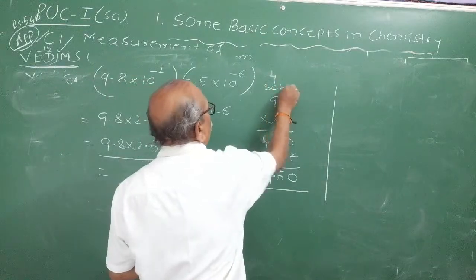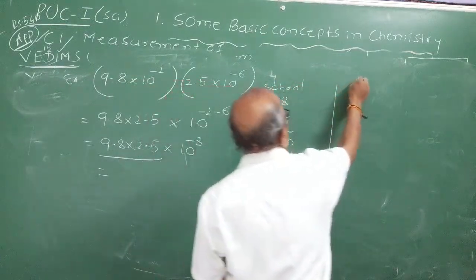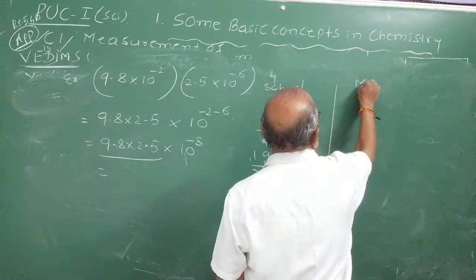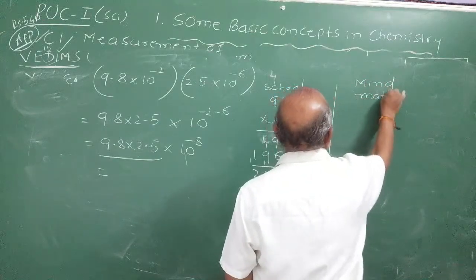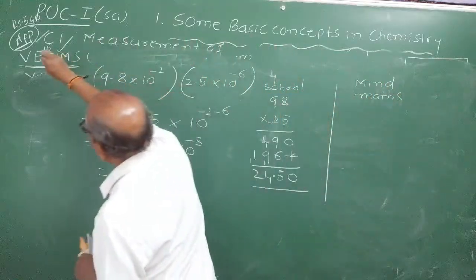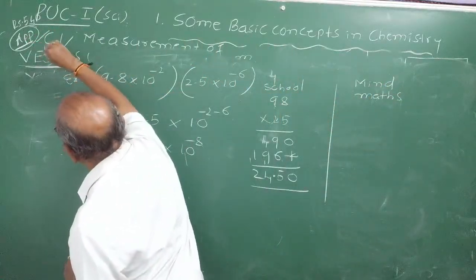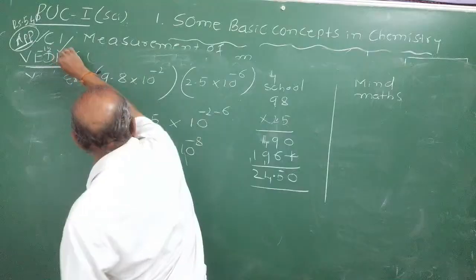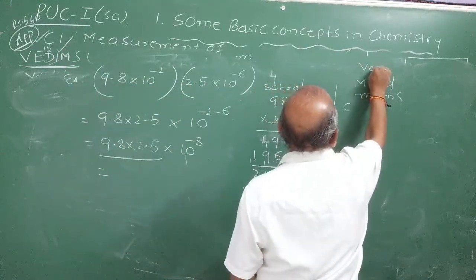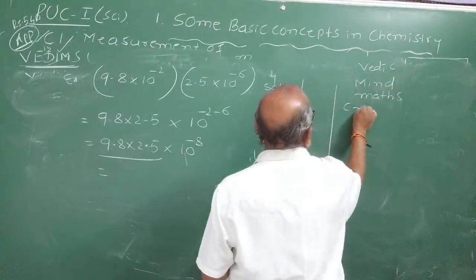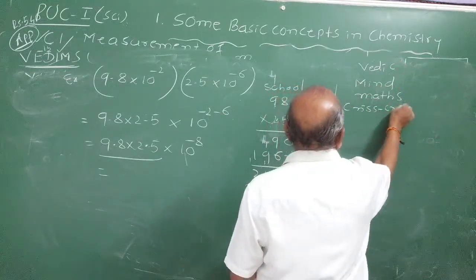I will teach you mind maths or speed maths. You can do it in mind maths. These tricks are taught in the Vedims app, and you can go to the YouTube channel. There is an old Indian method, Vedic method, called the crisscross method.